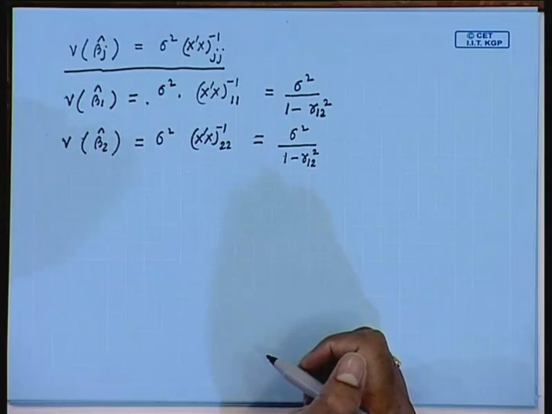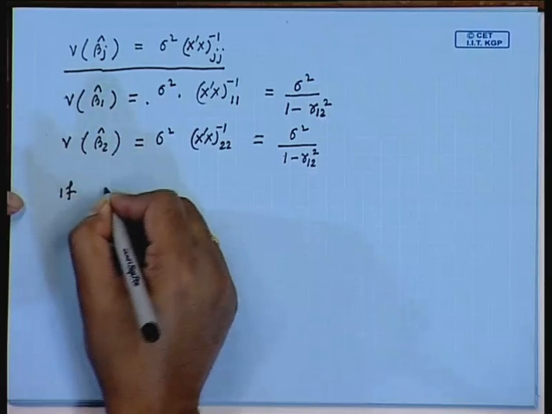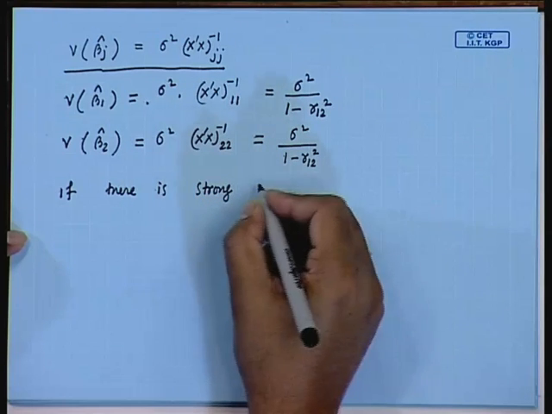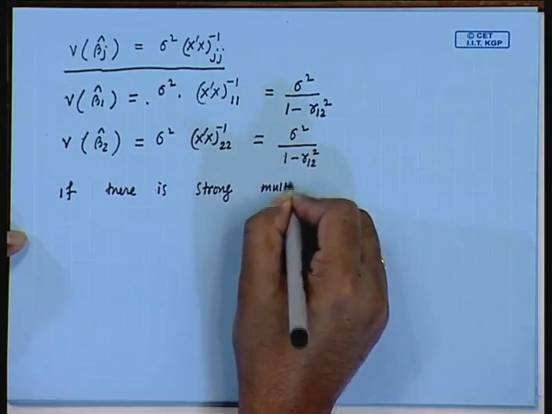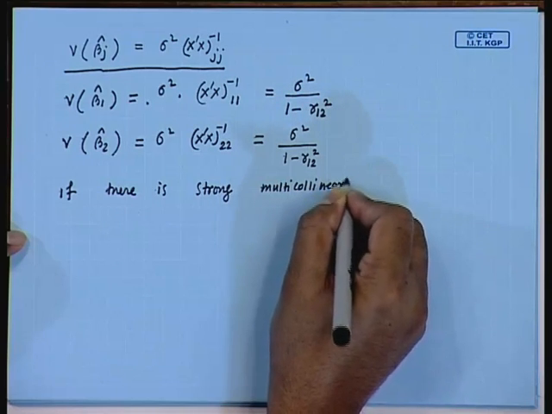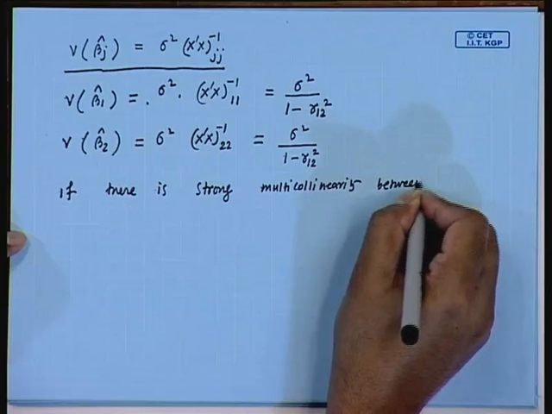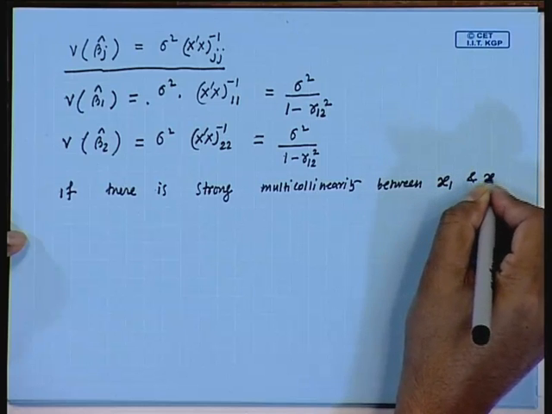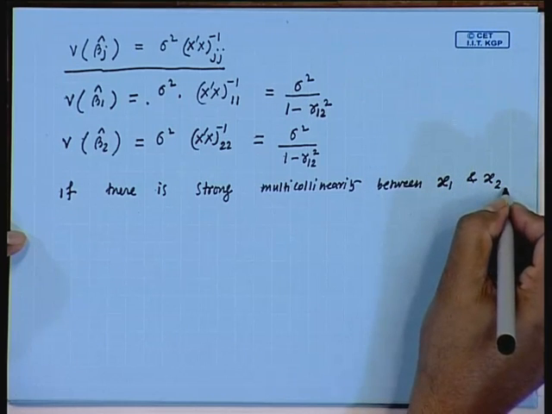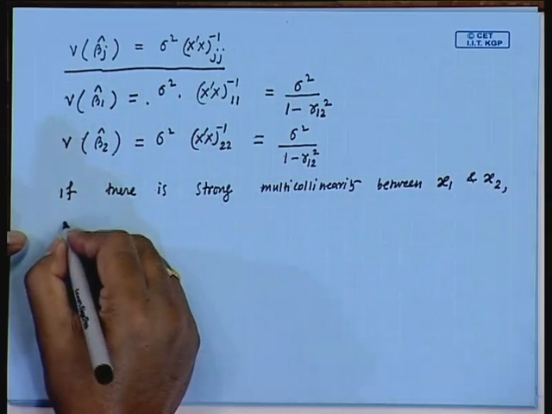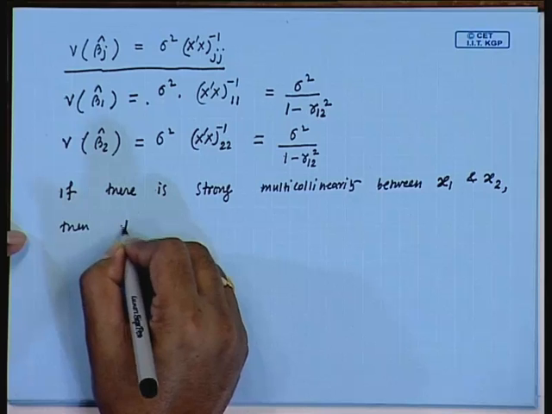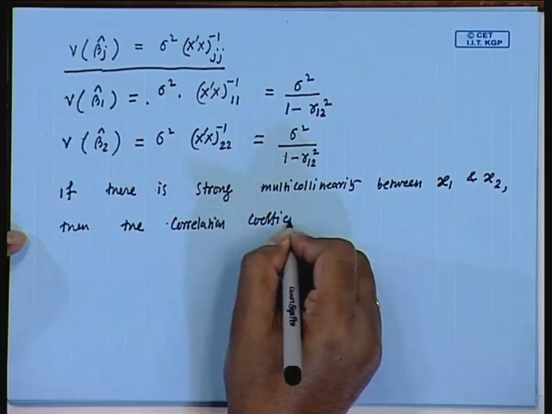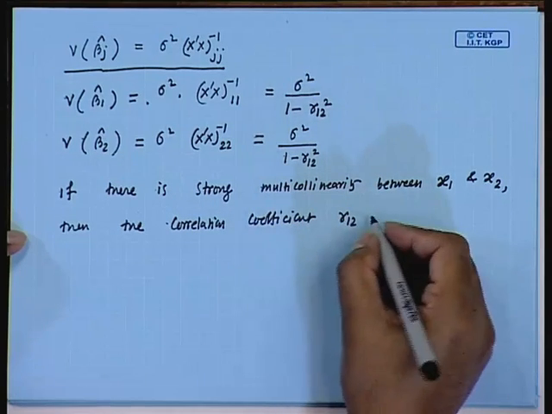Well, now if there is strong multicollinearity between the regressors x1 and x2, then the correlation coefficient R12 will be large.